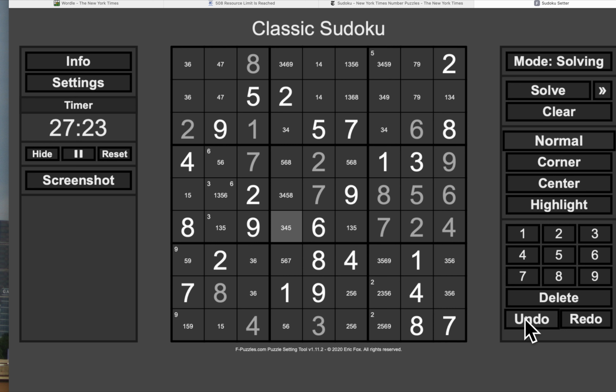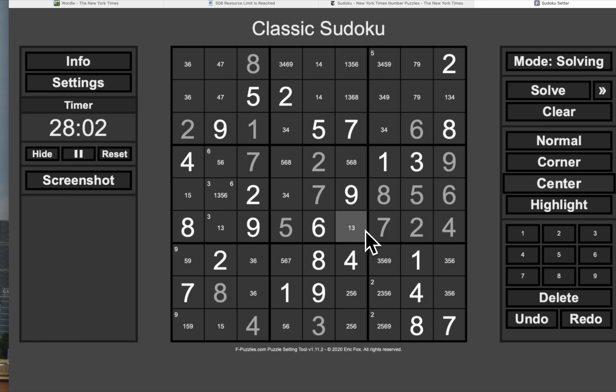Okay. This is not 5 or 8. That is 3 or 4. So is that. So this can't be 3 or 4. If these are right, then that has to be 5. There's nothing else it can be. That's not 5, and that's not 5.